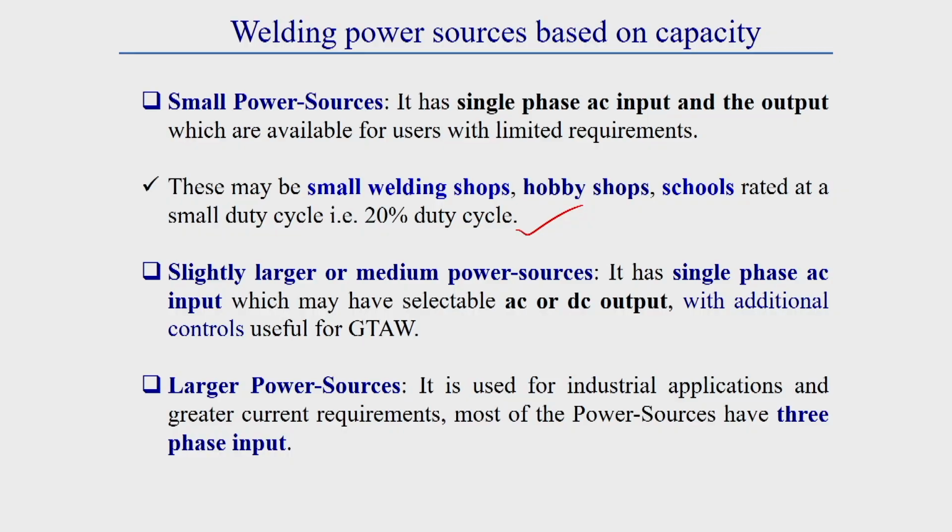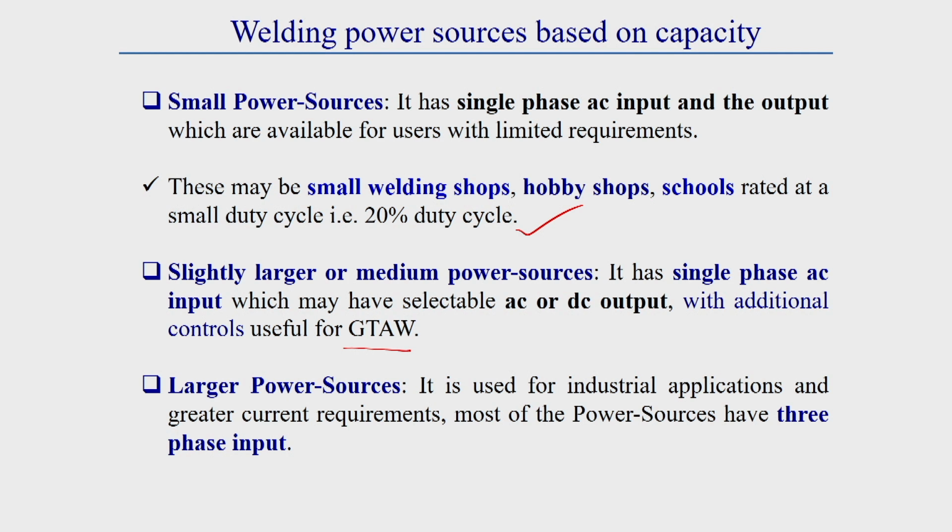It is generally operated by a single-phase power supply. Its input is AC, but its output can be AC or DC, with additional control. This additional control is generally required for the GTAW process.